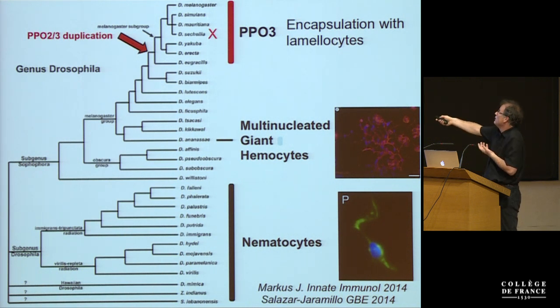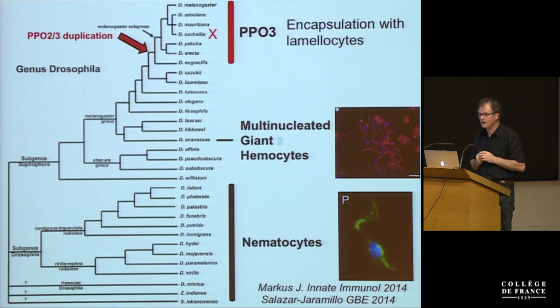So by this type of approach, systematic genetic mutation, making double, single, and triple mutants, and by having this kind of evolutionary observation, we can now try to understand the logic of the fly immune system.